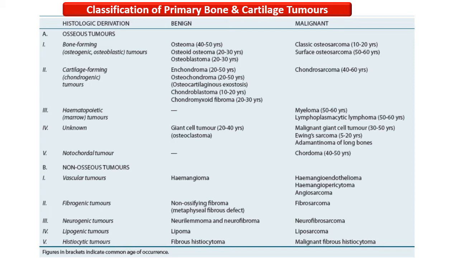Some form bone and are also termed osteogenic, bone forming or osteoblastic tumors, while some form cartilage, hence termed chondrogenic tumors. Some tumors from the marrow are termed hematopoietic tumors. Some tumors are of unknown origin, and there are notochordal tumors.